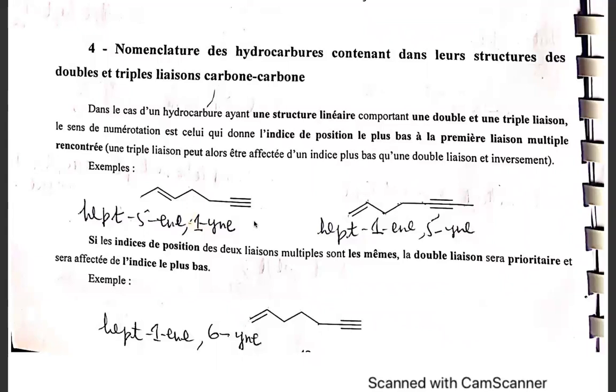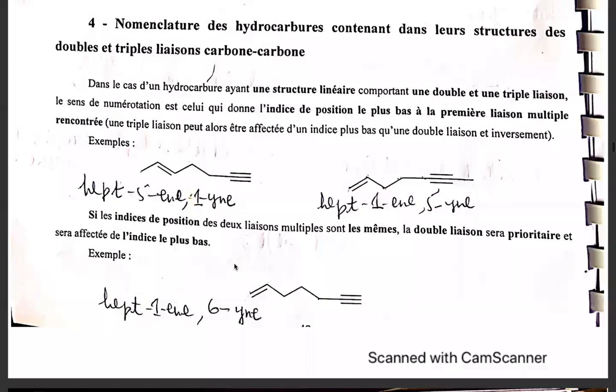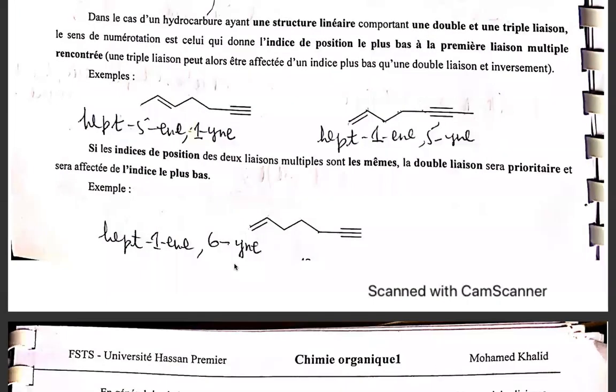Is it clear? So like when you have two triple bonds in one chain. Two what? Two triple bonds and one double bond.